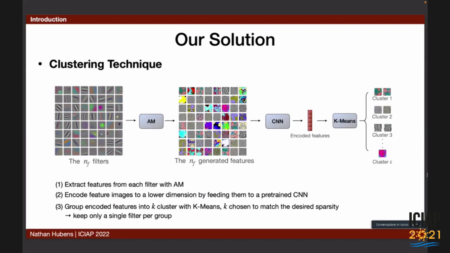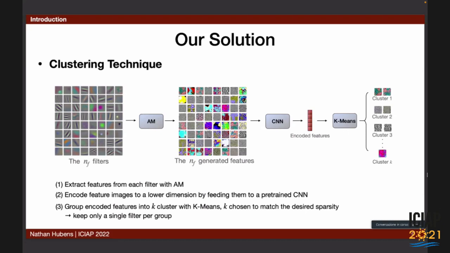We thus have several clusters with redundant weights and redundant filters, but also clusters with only a single filter, meaning that the filter in that cluster is very rare and maybe should be kept because it can have importance later on in the network. We choose the parameter k, the number of clusters, according to the desired sparsity.